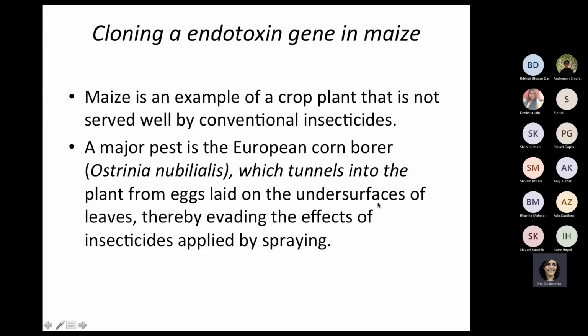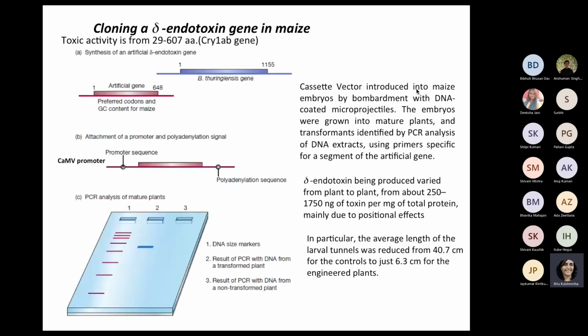So you can understand, because this insect is going from the lower surface of the leaf, however much insecticide you add from above, it won't act very effectively on the lower surface. So that's why maize was considered a good crop to check the impact of this transgenic process.